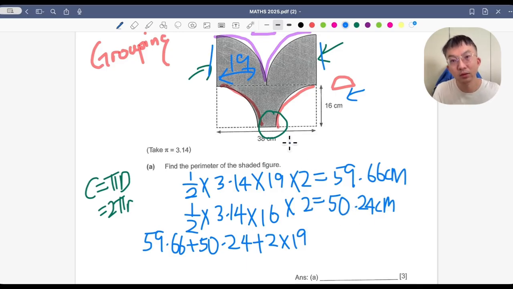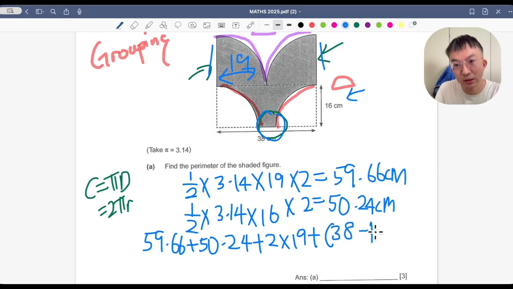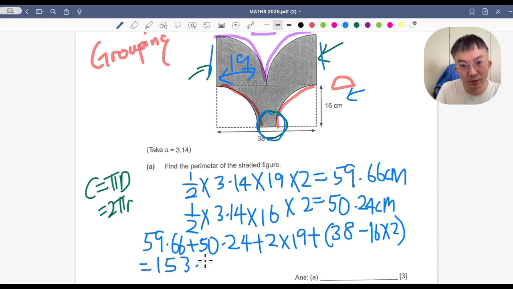And then here, remember this part, you have to plus 38 minus 16 times 2 because of both sides. Then you get a number, and once you're done, you'll get 153.9 cm. And that is your answer.